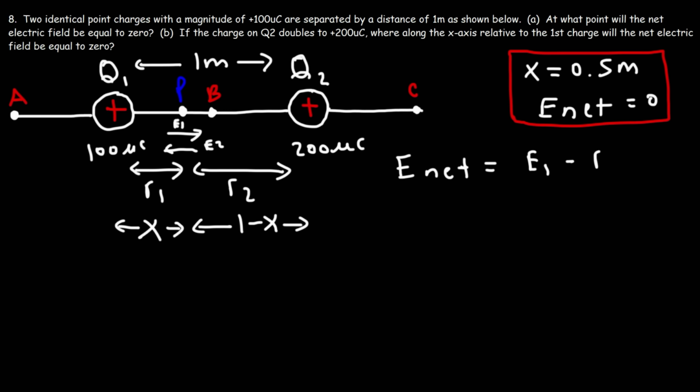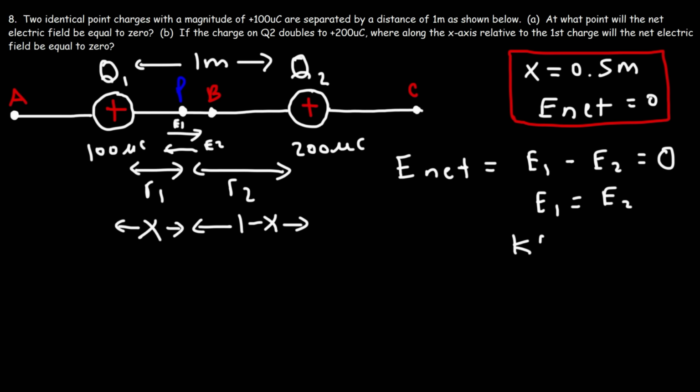E2 is going to the left, it's negative. Now, point P is defined as the point where the net electric field is 0. So E1 minus E2 will be 0. If we add E2 to both sides, we'll get that E1 is equal to E2. They have to be the same in magnitude, but opposite in direction.